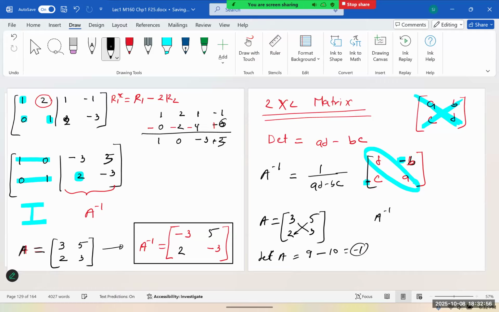Now the inverse should be 1 over -1, which is -1. And then we are going to swap places, 3 and 3, which is the same. It doesn't do anything. Wait. 3 times 3, 9, minus 10, -1.